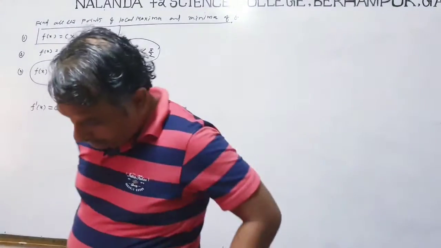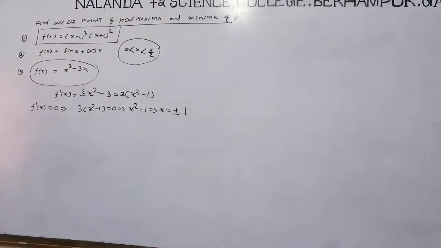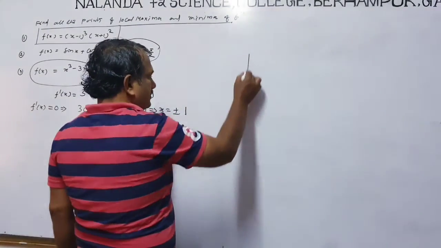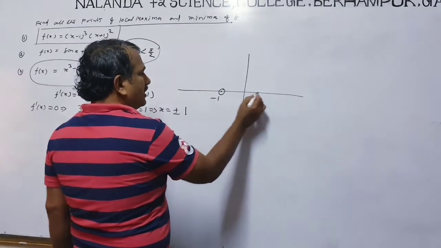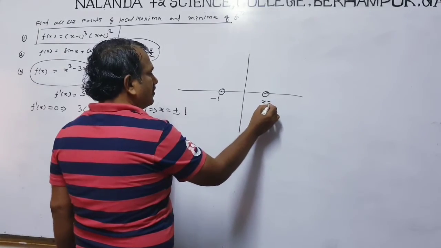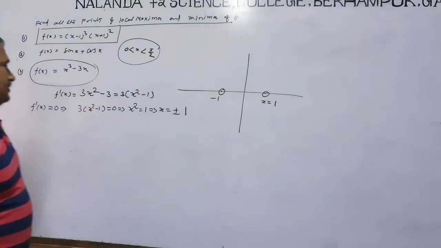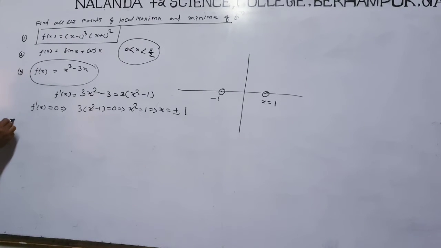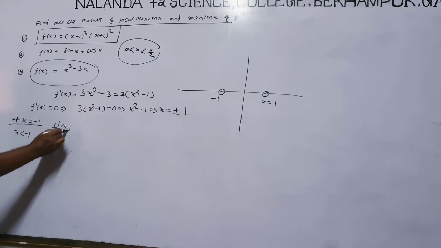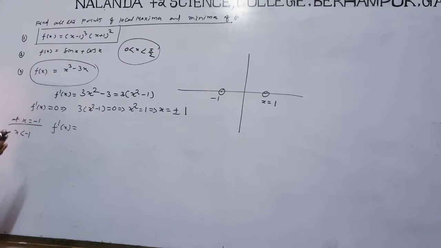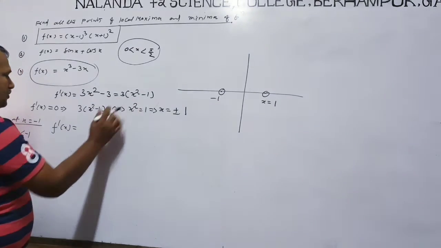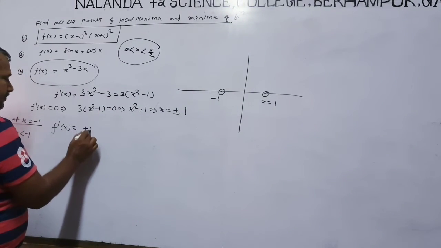Now this is a real line. Let us say this is x equal to minus 1 and this is x equal to 1. At x equal to minus 1, when x is less than minus 1, what is f dash x? Less than minus 1 means minus 1.5, let us say. Now x square is positive, so f dash x is positive.